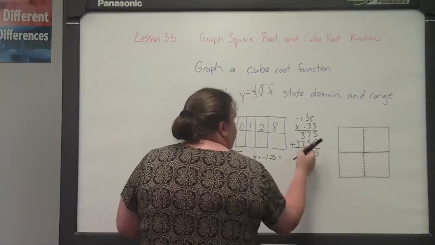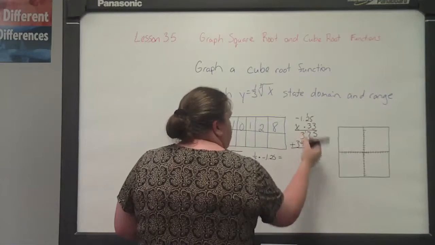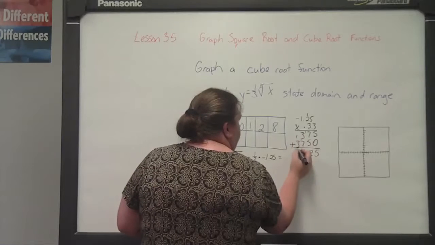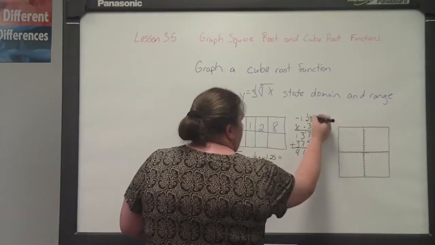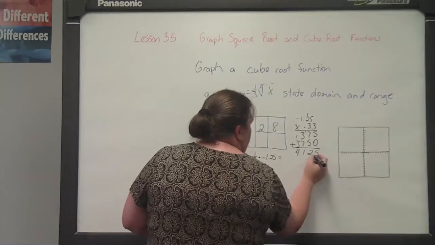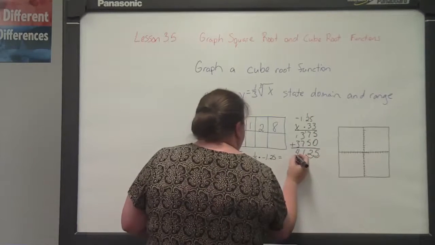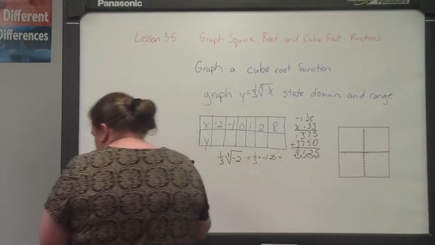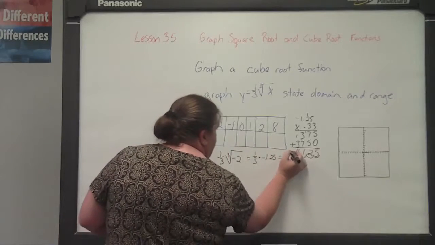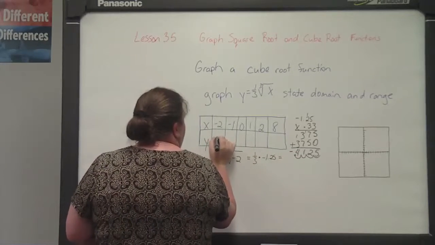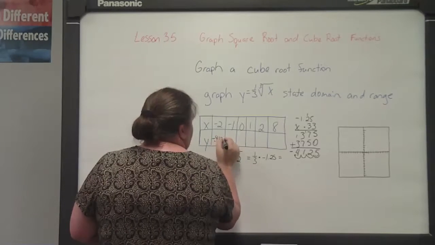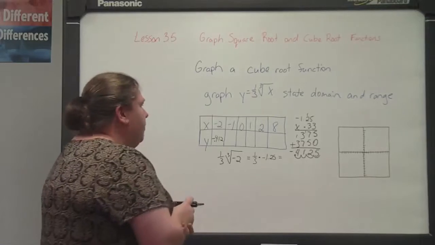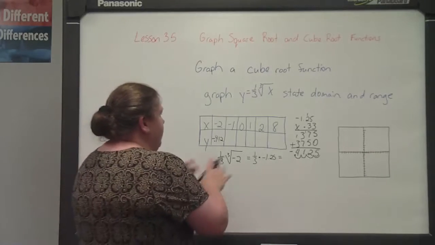We carry the 1. 7 plus 3 is 10. Plus 1 is 11. Carry the 1. And that gives me 3 plus 1 is 4. And we have 1, 2, 3, 4 decimals. So my y is going to be approximately, and again, this is my negative, -0.412. And so far, that's what we've come up with.